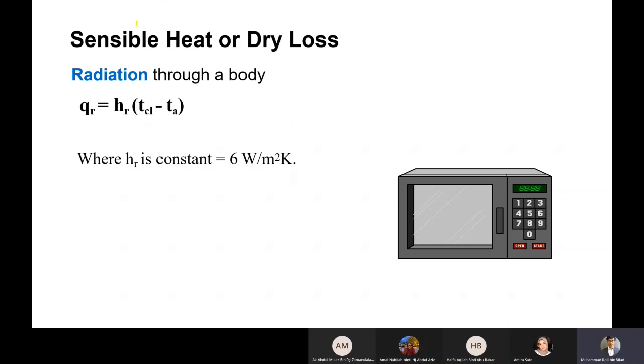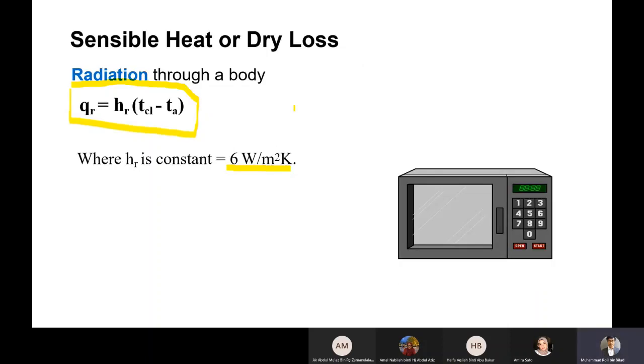The heat of radiation, the rate of our body emitting heat, emitting photons, is equal to a radiation constant. The value is 6 watt per square meter Kelvin, times the temperature of the cloth minus the temperature of ambient. That's very simple here.